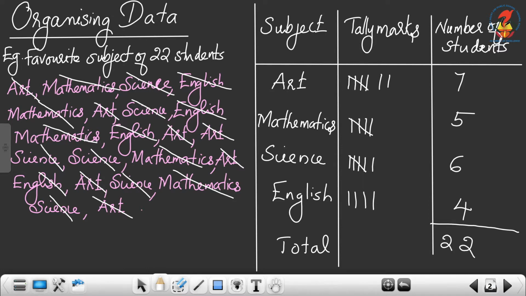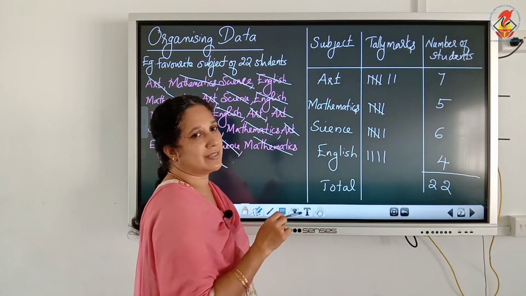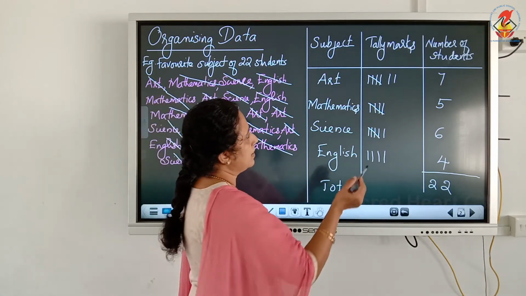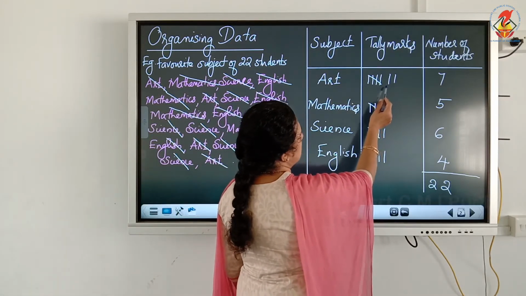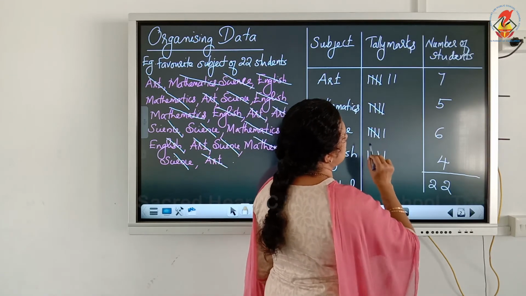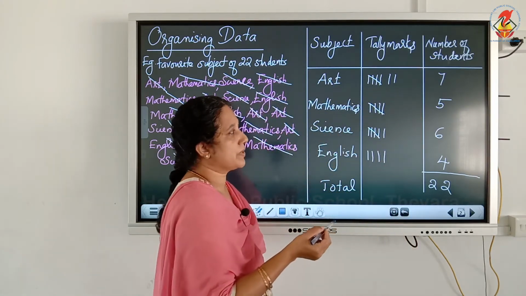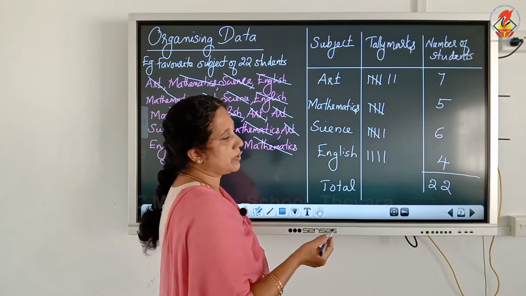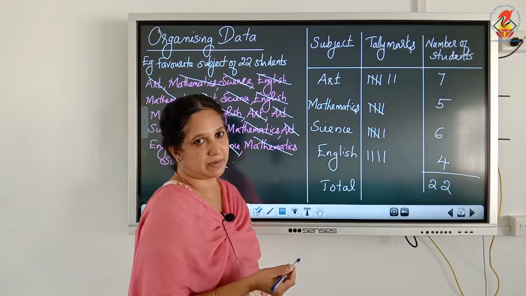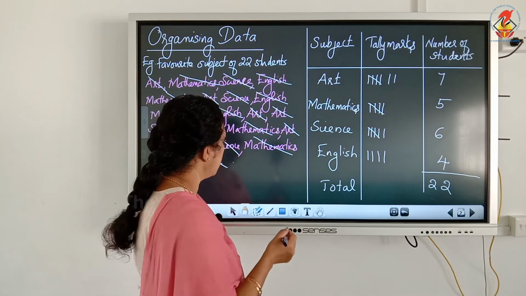Now, look at that, the number of tally marks before each subject gives the number of students who like that particular subject. And this total number of students is the frequency of that subject.